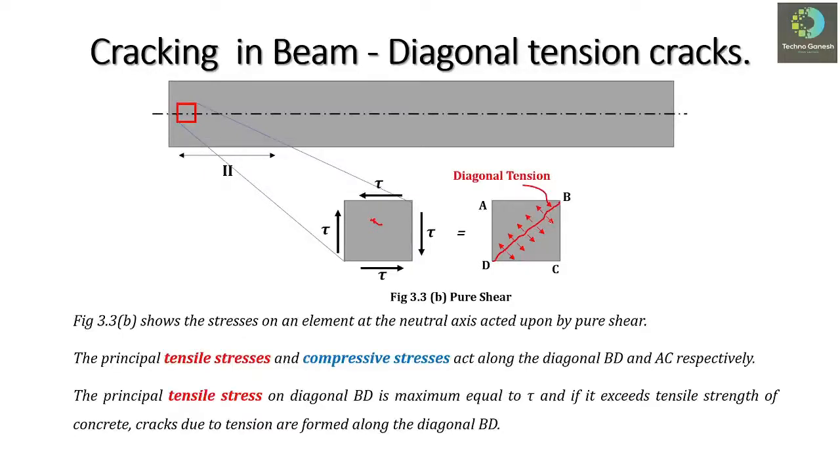They are called diagonal tension cracks, or the tension which is going to develop in this way. So this tension is going to form the tension T, and this tension T is called a diagonal tension, which results in the formation of diagonal cracks like this along the diagonal DB of this element.